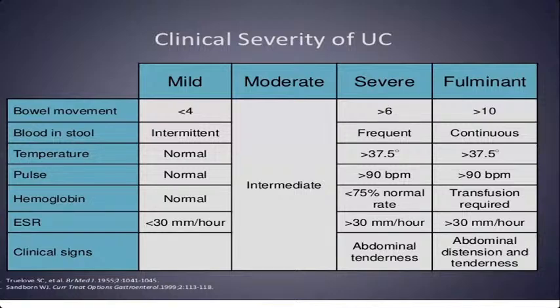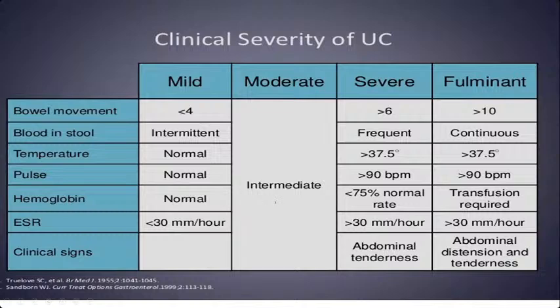And of course, bleeding is extreme in fulminant ulcerative colitis, and can be continuous, whereas in severe ulcerative colitis it's frequent, and for moderate disease, it is intermediate. For those patients with severe and fulminant disease, they may have fever and everything that comes with it, tachycardia, and so on.